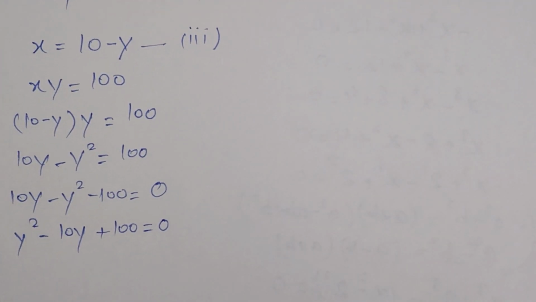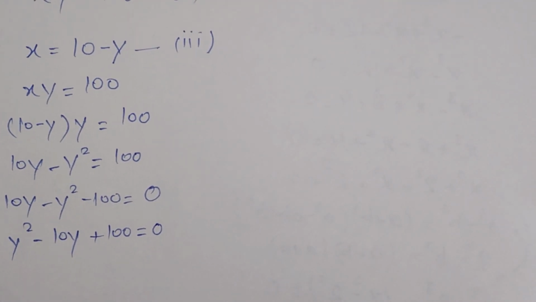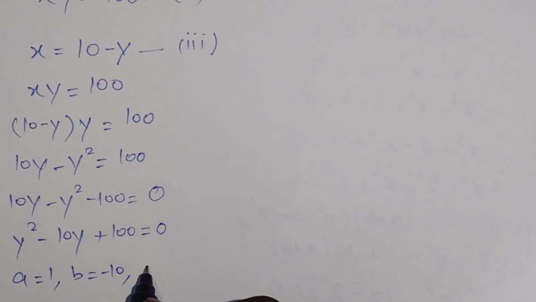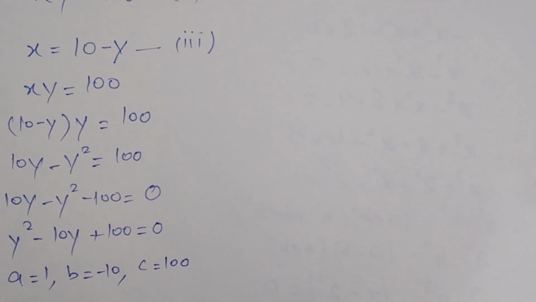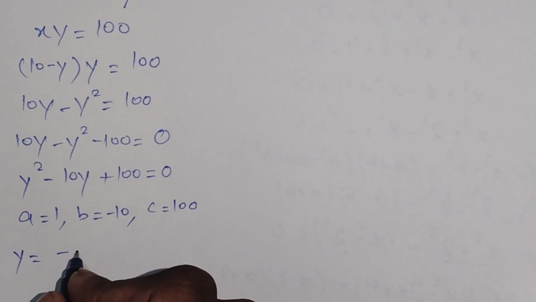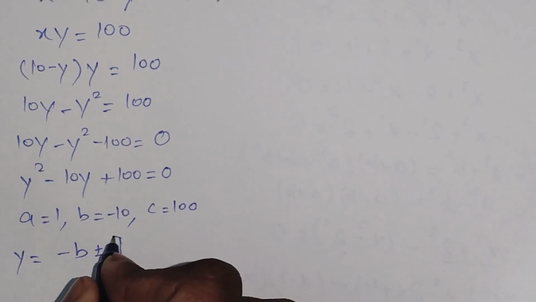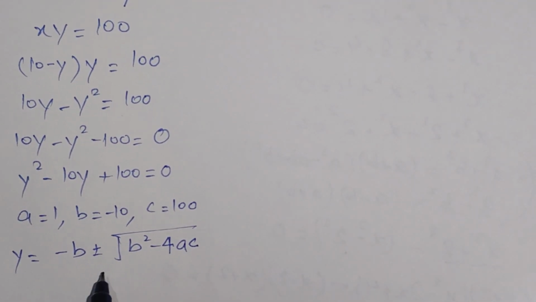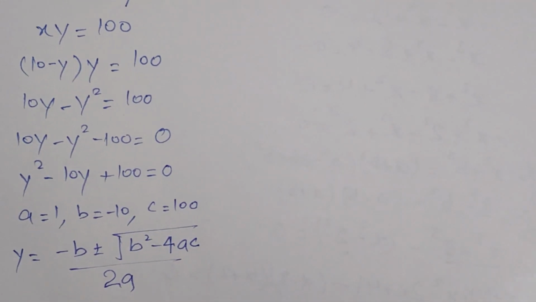We have to use the quadratic formula to solve this. Here a is equal to 1, b is minus 10 and c is 100. So the formula is y equals minus b plus minus square root of b square minus 4 times a times c, all over 2a.